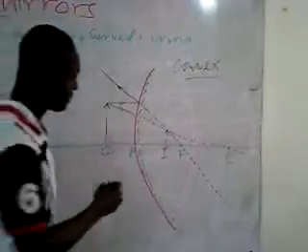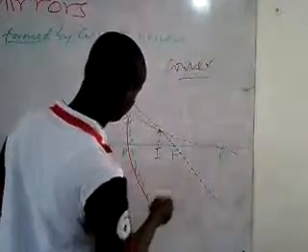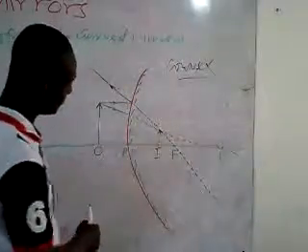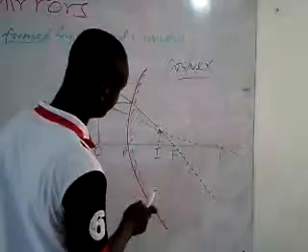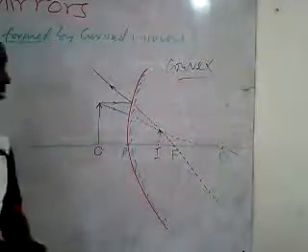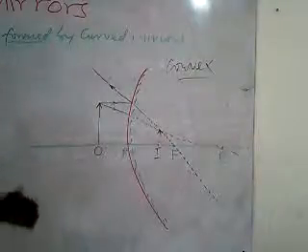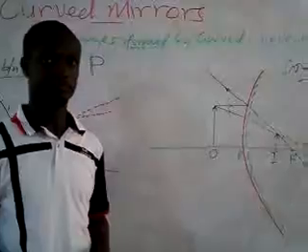So that is, the image formed will be virtual, and then it is also upright, smaller than the object. Always the image produced by convex mirrors are smaller than that of the object.